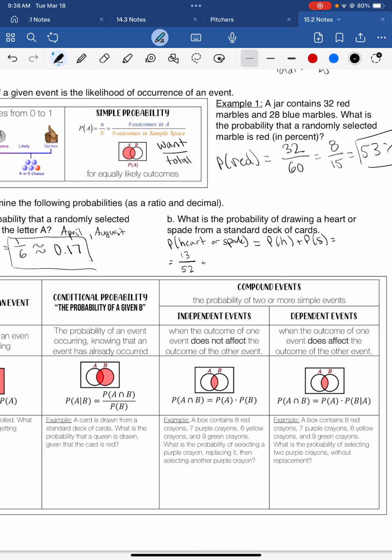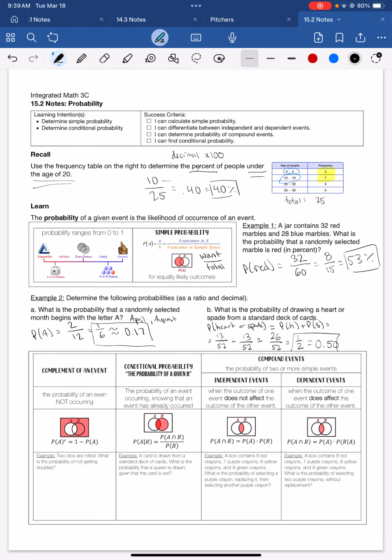And then the same can be said for spades, 13 spades out of 52 total cards. So when you add this together, we'll get 26 out of 52. If you type that in your calculator, you're going to get 1/2, which is equal to 0.50 there. All right. So if you don't know the stuff about decks of cards, that shouldn't be too much of a problem. I think this was just more of an introduction to what we got going on.